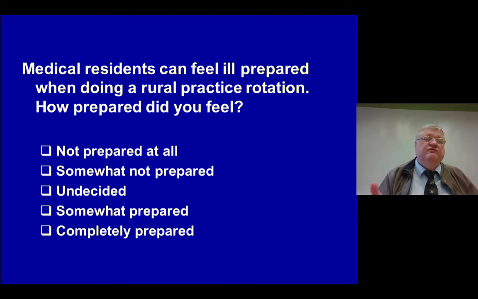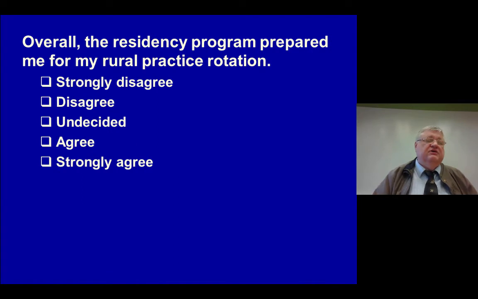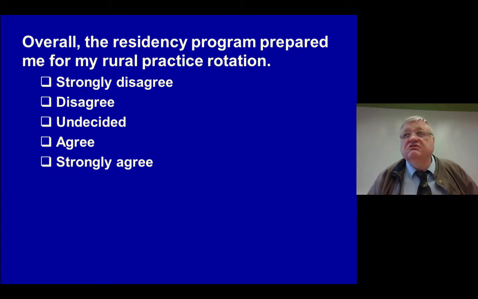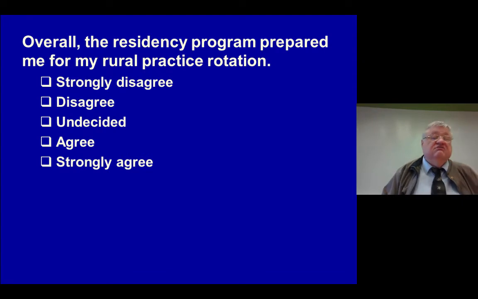Of course, you've led them in that first sentence, saying that the expectation is that you're probably going to feel ill-prepared. And now you're asking them to rate their preparation. The better question should have been something along the lines of, overall, the residency prepared me for my rural practice rotation. And then you ask them the degree to which they disagree or agree with that statement.